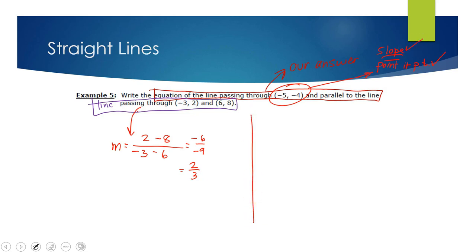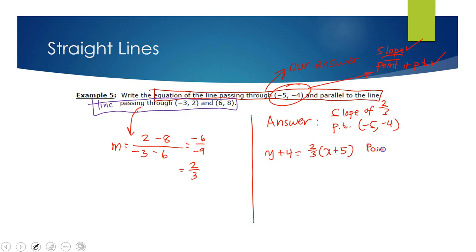So our answer is going to have a slope of 2/3 and pass through -5, -4. Now it doesn't say what format to put it in, so if I just want to say, okay, well, y plus 4, it's actually y minus -4, equals 2/3 times x minus -5, which would be a plus 5, that would be fine.